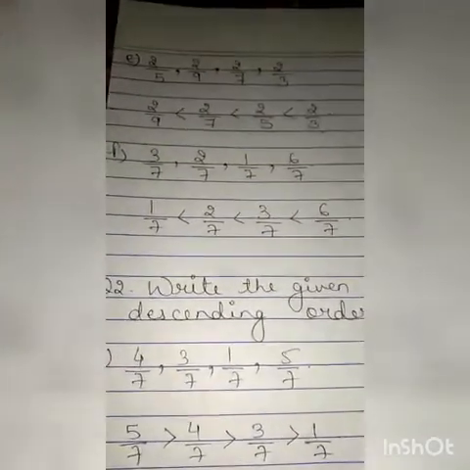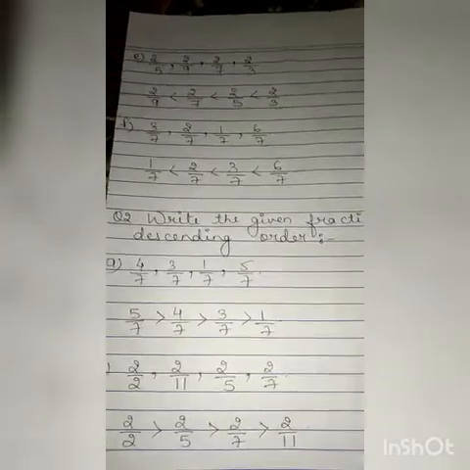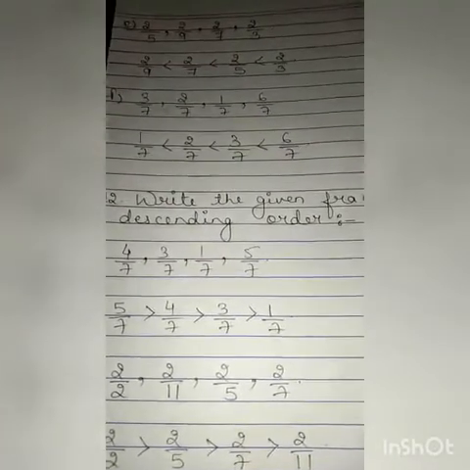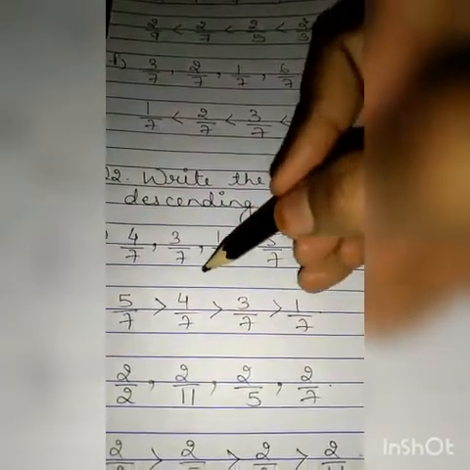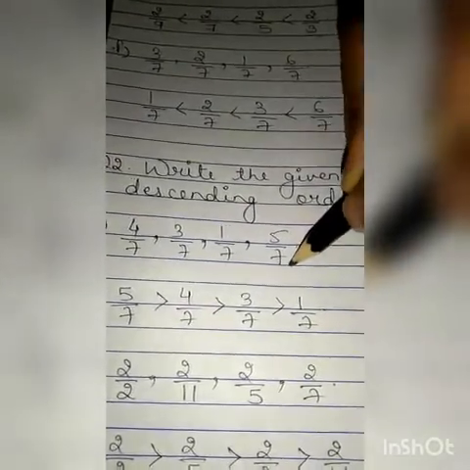Now you can see question number 2. Write the given fractions in descending order. Descending means what? From greatest to smallest. In the first question you can see 4 upon 7, 3 upon 7, 1 upon 7 and 5 upon 7.